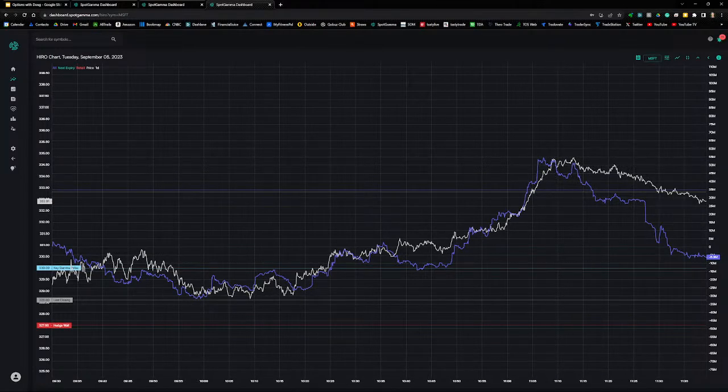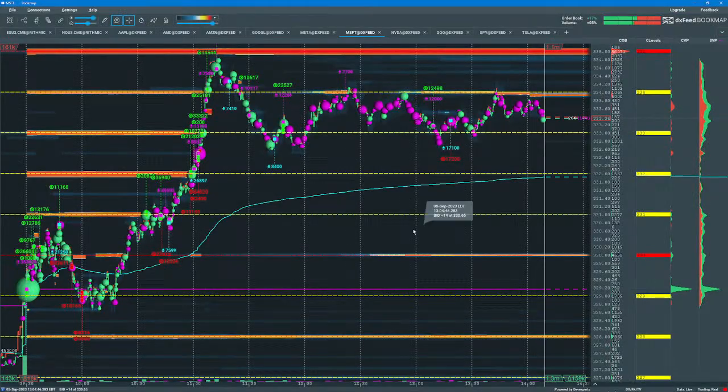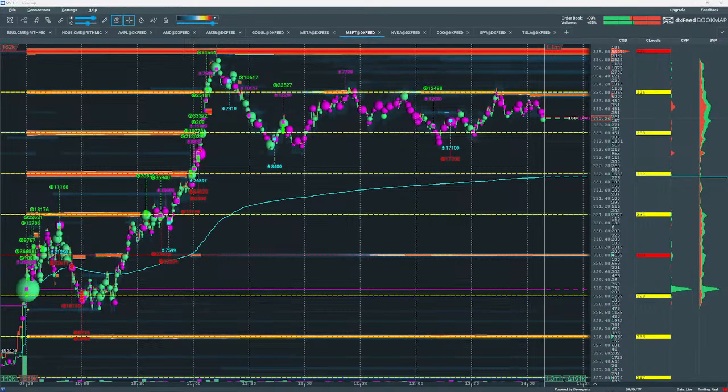So let's go take a look at Bookmap. Here's Microsoft. Support at the 329 level. Also, that was right around the opening print, shown here with this large volume dot.